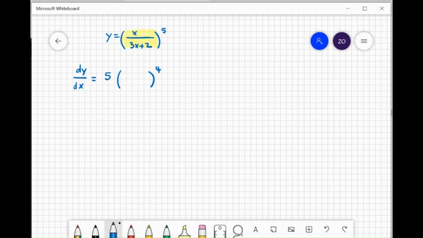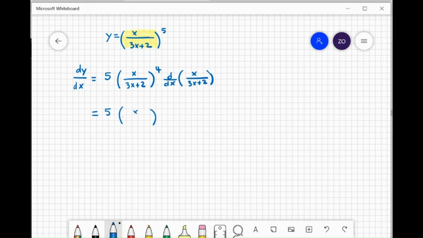This is the outer function, and we will just plug in what is inside, times the derivative of the inner function. Well, the derivative is not straightforward, so I will just put it here. So the derivative of y equals 5 times this expression to the 4th power times the derivative of the inside. The derivative of the outside function times the derivative of the inside.